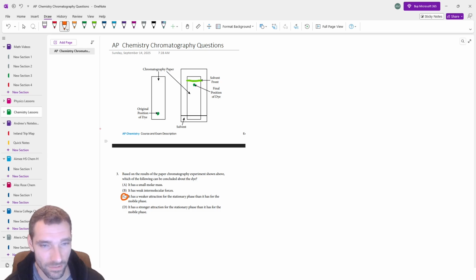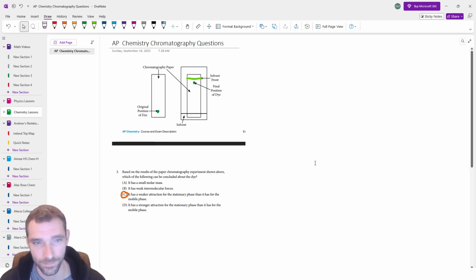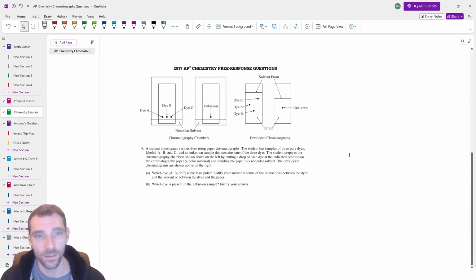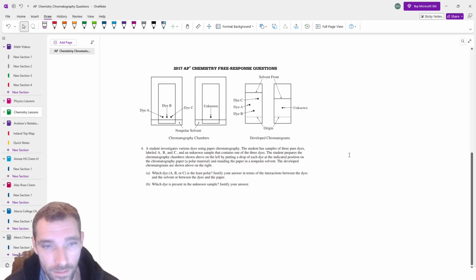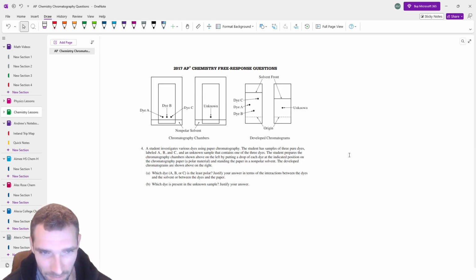So it's just saying there's more attraction with the part that's mobile. And that can get a little bit confusing with some of the details where they're talking about more polar or less polar things. So don't worry about those finer points. The AP exam is going fairly big picture on this.